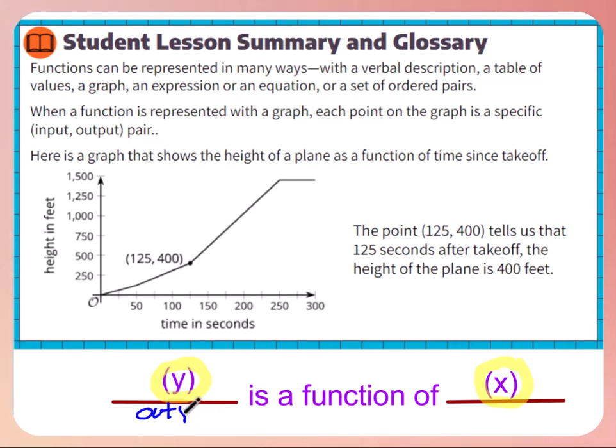So the output is a function of the input. In other words, whatever we put in for x is going to tell us what our answer is. Another word that we can use for y is range, and for x is domain. So really learn what these words mean and know that we can interchange them.